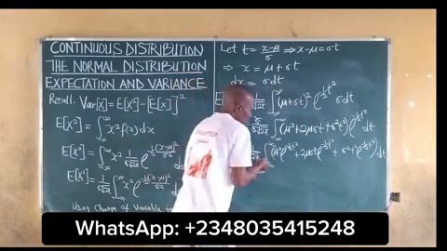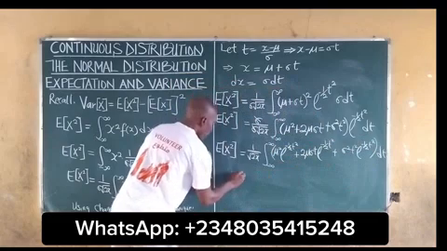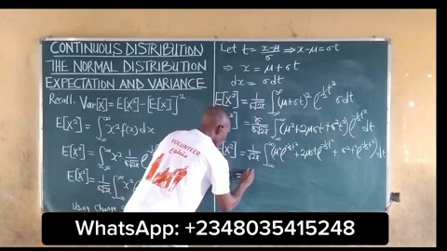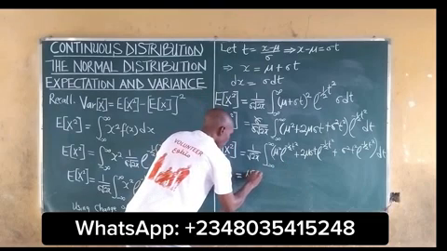The next thing is to use the whole of this and put here. So we have this as this multiplied by this to give us mu squared separately.